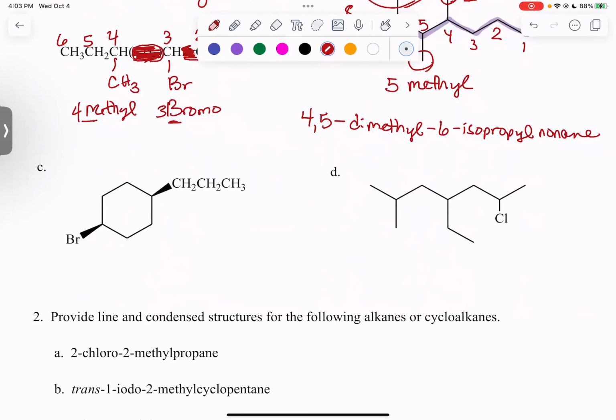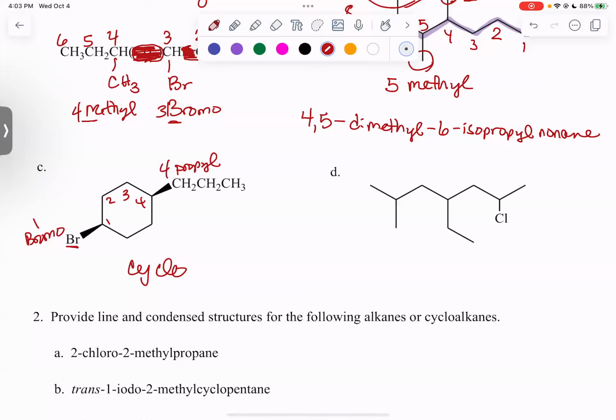Ooh, I have a cyclo here. So sometimes I just like to write cyclo, just so I don't forget. Now, which one's going to get the 1? Which one's going to get the 4? The bromo gets the 1 because 3 long is a propyl. So B comes before P. So I have a 1-bromo and then 2, 3, 4. It doesn't matter.